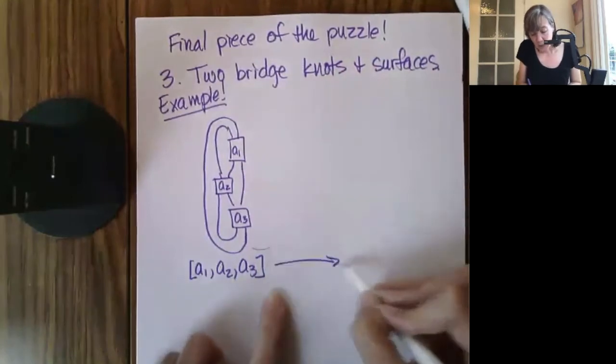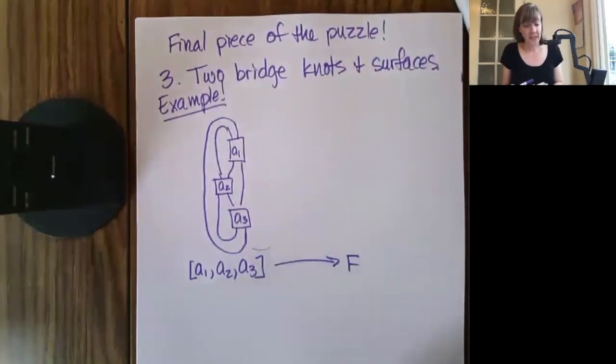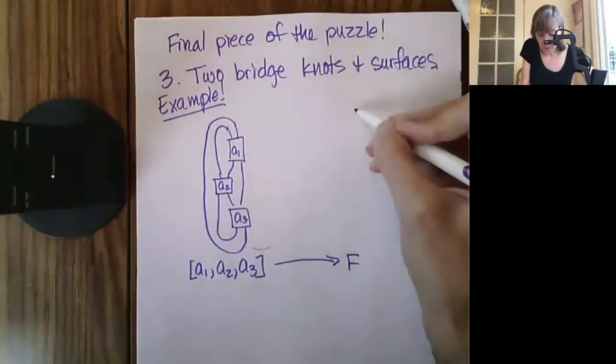And so we're going to get a surface F that's going to have 3 twisted bands, and the number of twists will be these same twist numbers. Let me draw that for you now.